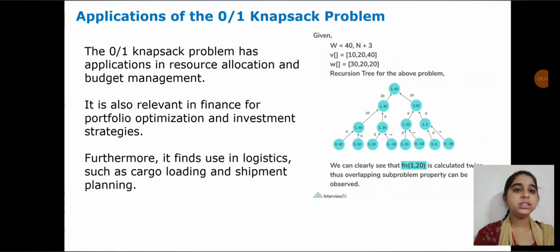Furthermore, it finds use in logistics such as cargo loading and shipment planning.